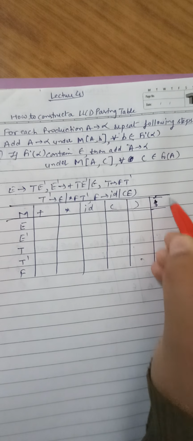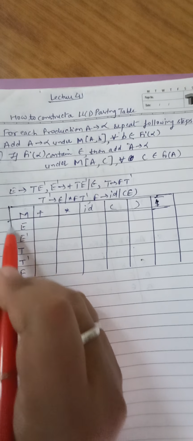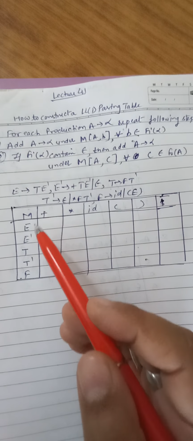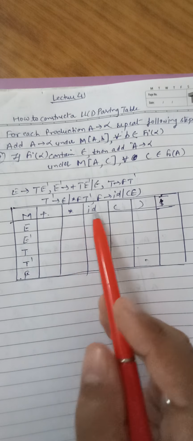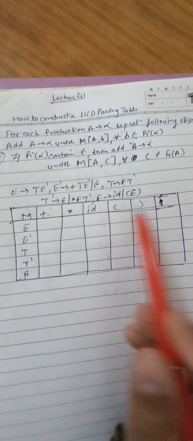This shows that we reach the end. So these many things will come to construct a table. 5 variables and 6 terminals.